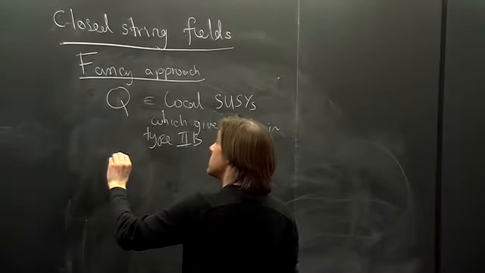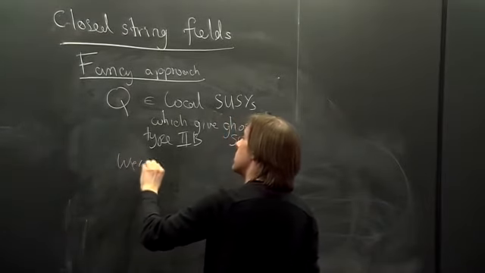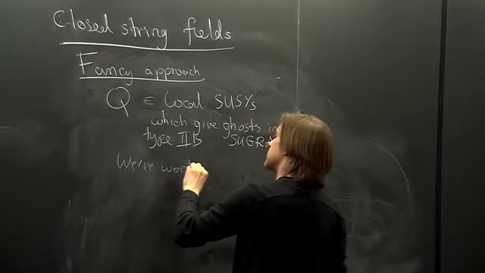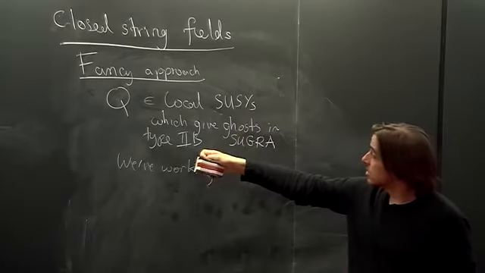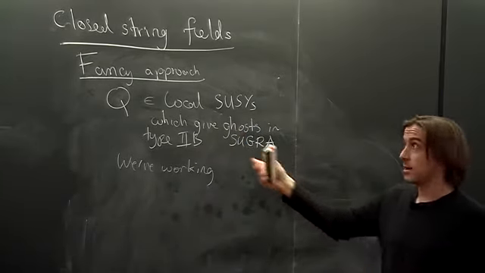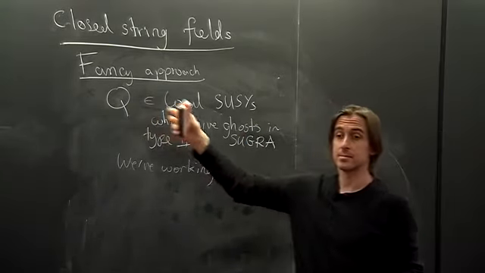Twisting in this way means we're working, because it's a fermionic symmetry and ghosts are fermionic, this becomes a bosonic field.